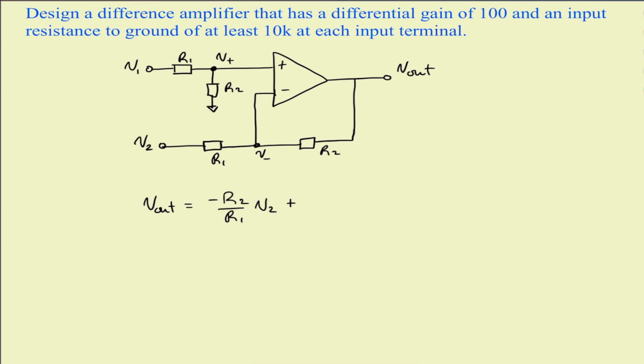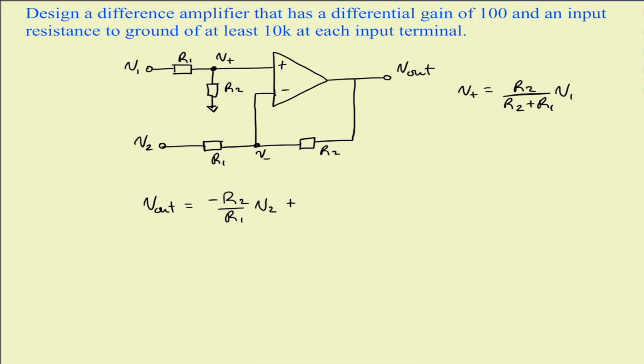So the voltage at V plus, let's write that down first. The voltage at V plus is going to equal the voltage across R2 by voltage division. So here we can see that we have an attenuation factor attenuating the voltage signal V1.